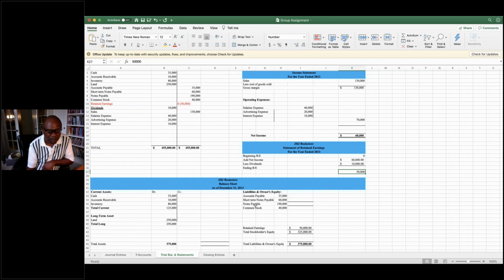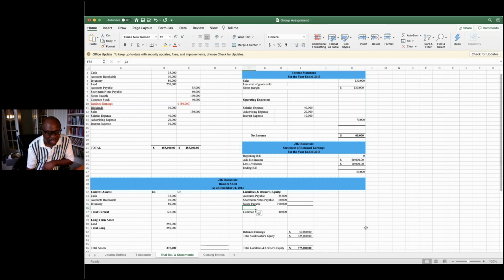Let's see if it'll let me insert. So we should have had here total liabilities, and we would have added these up.